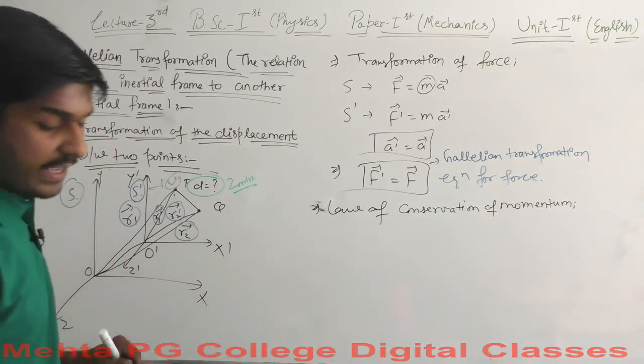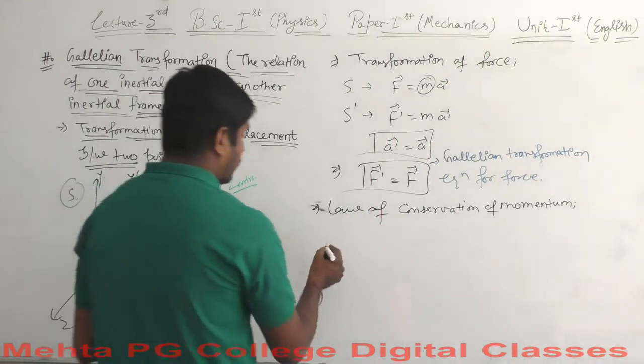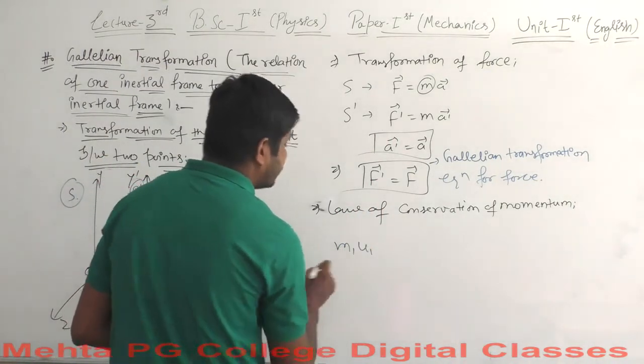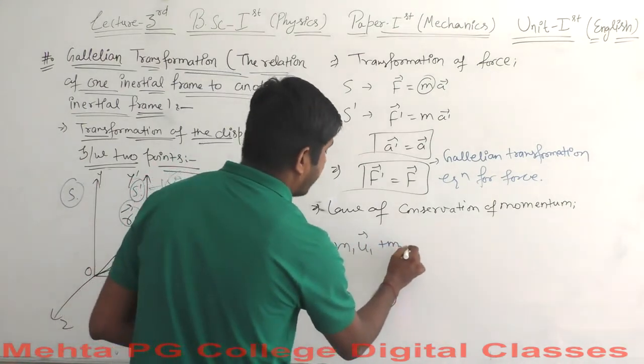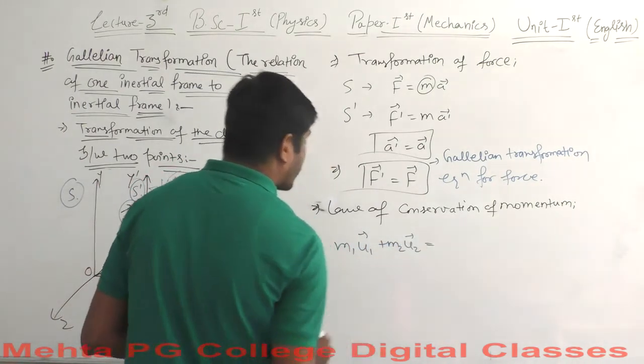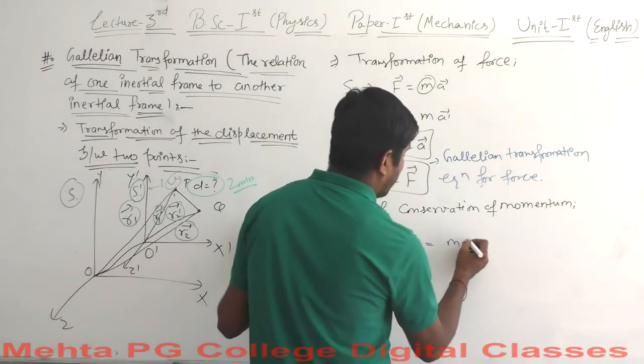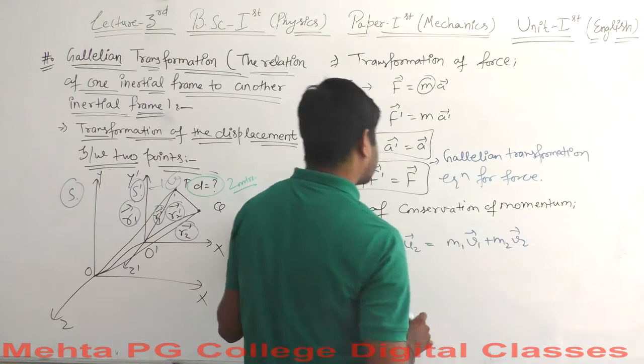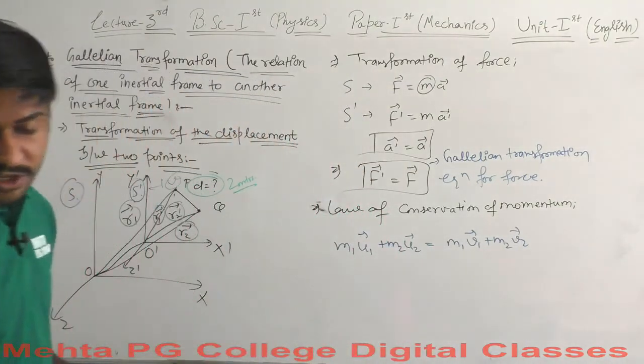Then, according to the law of conservation of momentum, we will have m1 u1 plus m2 u2 equals m1 v1 plus m2 v2. This is the law of conservation of momentum.